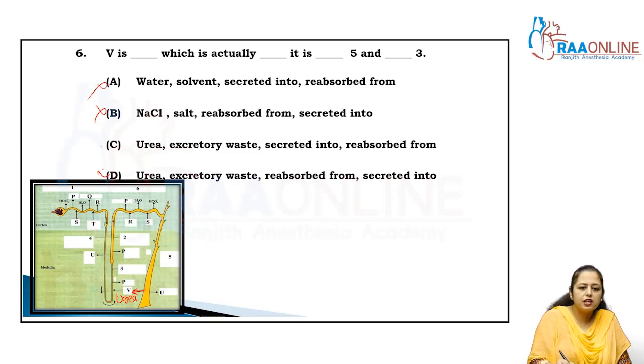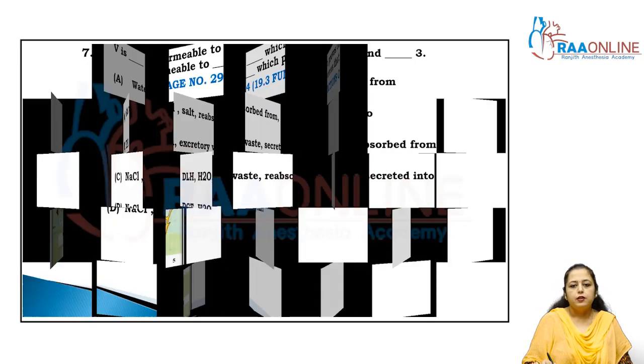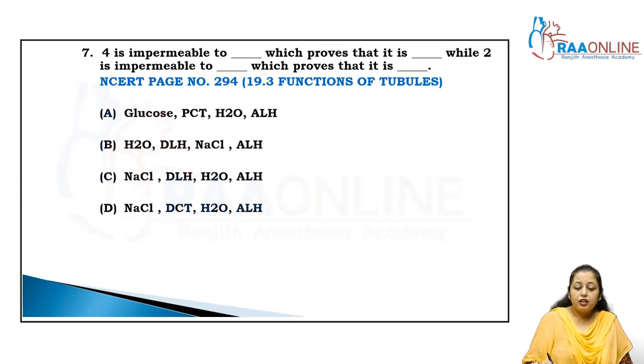So the answer is D, that means C is also cancelled. Clear? So you have to correlate all the information, and before correlating, that information must be in your mind, right?